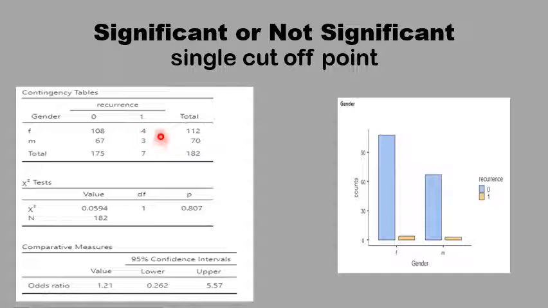If the added up chi-square figure exceeds a certain cut-off point, it is deemed significant, and if it is less, it is not significant. When we run the chi-square test, at 1 degree of freedom, the p-value was 0.807. That's not significant. End of story.